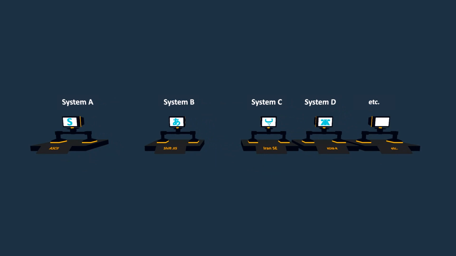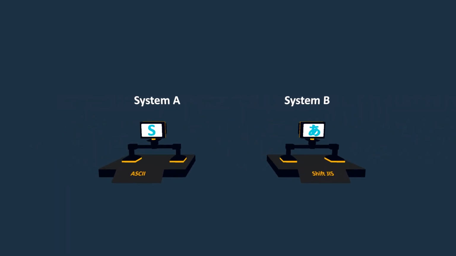In total, using different encoding schemes on different systems can cause communication problems if they don't share the same standard. Alright, let's illustrate why using different encoding standards can be a problem.